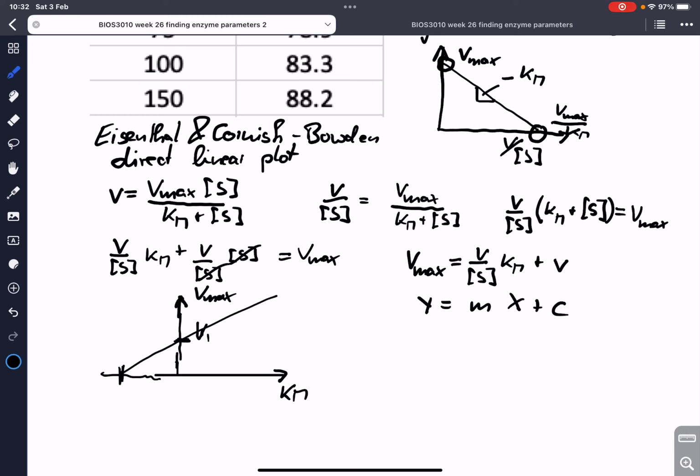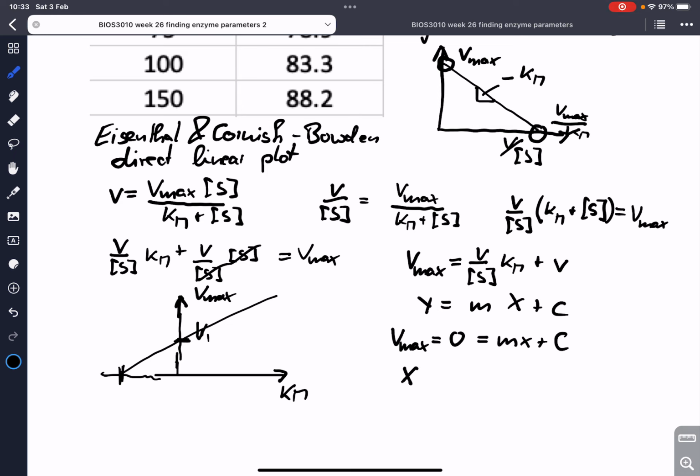We just simply say, well, this x-intercept is just simply if our Vmax equals 0. So what have we got then? We would have 0 equals mx plus c. And now we need to solve this equation for x, and that is pretty easy. We get the c to the other side and divide by m.